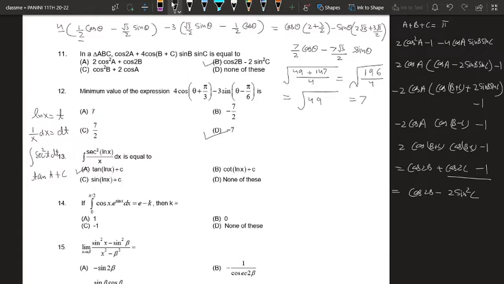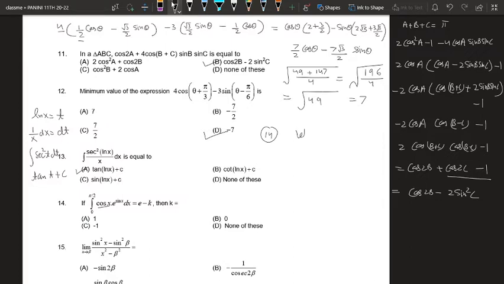Again, the problem is almost similar to problem number 13: the integral from 0 to pi by 2 of cos x e raised to power sin x dx. For problem number 14, we need to simply put the limits. The integration of e raised to power x is e raised to power x, but here in place of x there is sin x, and the derivative of sin x, cos x, is present.